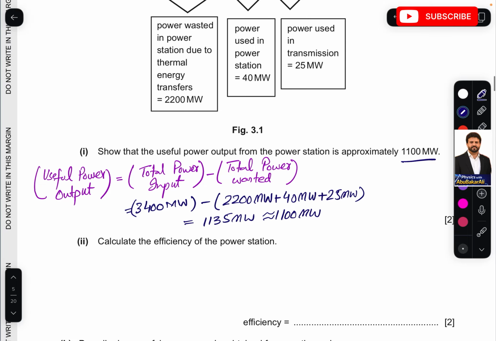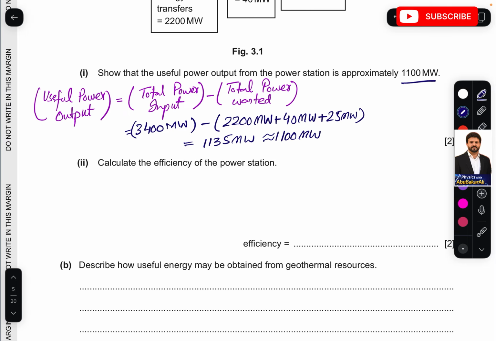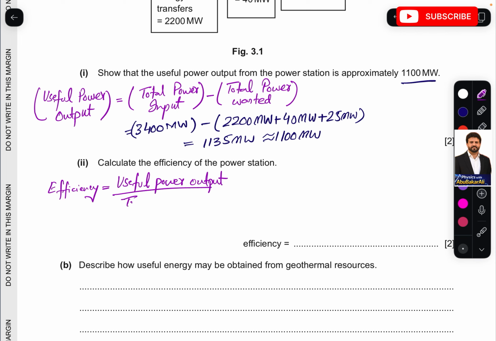Okay, calculate the efficiency of the power. So the efficiency relation is efficiency equals useful power output divided by total input power.